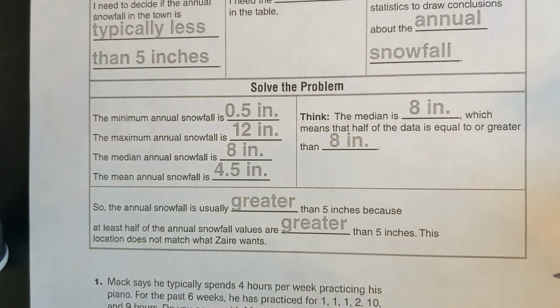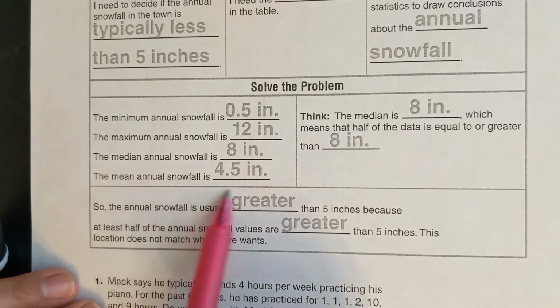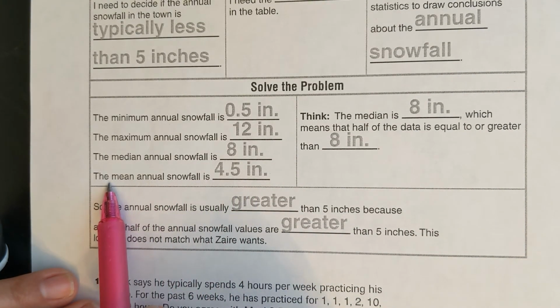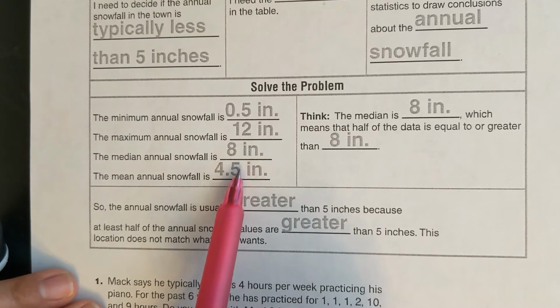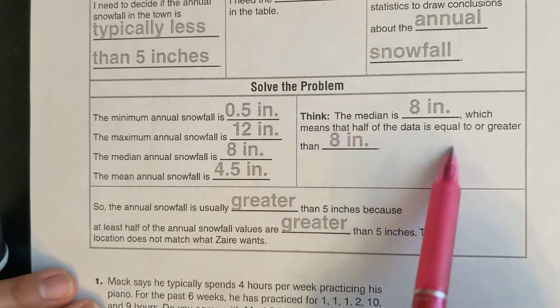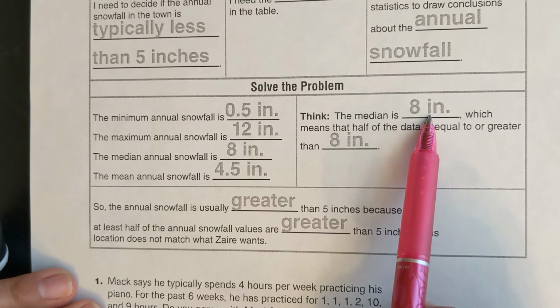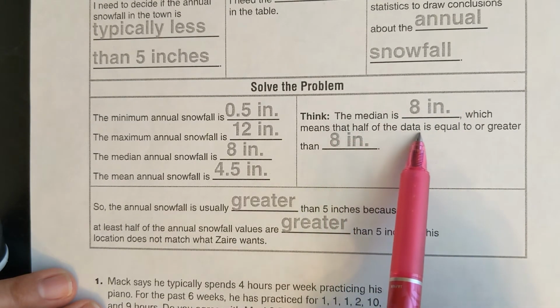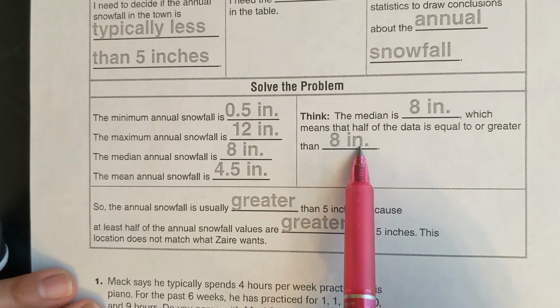Remember, we know median and mean are measures of middle, but they do represent different things. Because in this case, if you look at this, they're very different. The mean is 4.5, so these two are quite different. So here's something to think about. The median is 8 inches, which means that half of the data is equal to or greater than 8 inches.